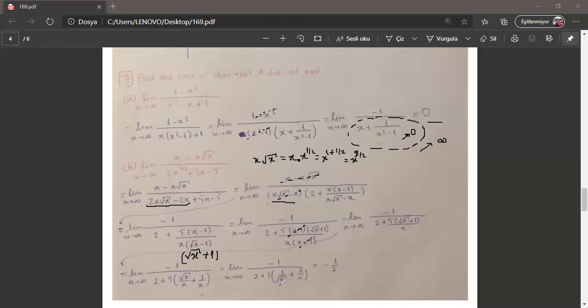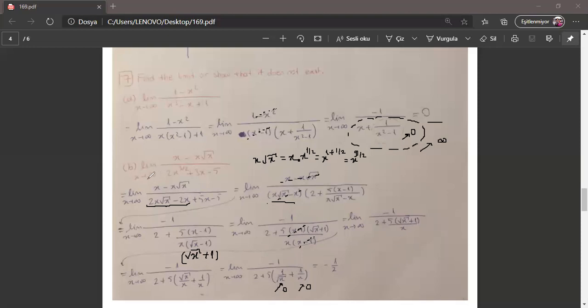If you multiply this one by the square root of x, you get the same with this. So we have this. Now when x is approaching infinity, this will be approaching 0, and again this will be approaching 0 too. So here we have 0, though we get -1 over 2, okay?